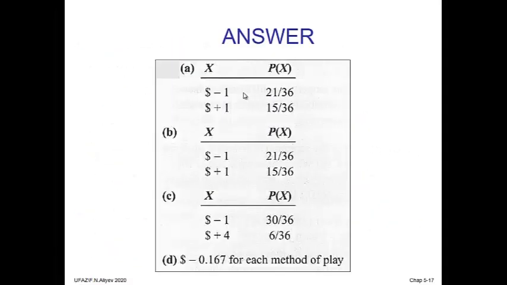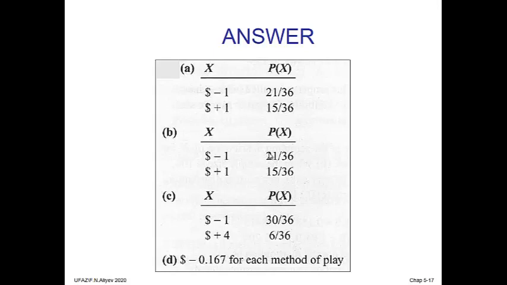To calculate the expected value for the first bet, we multiply -1 by this plus +1 multiplied by this, and it's equal to -1 over 6. It means that the long run loss for this bet is -1 over 6 dollars.